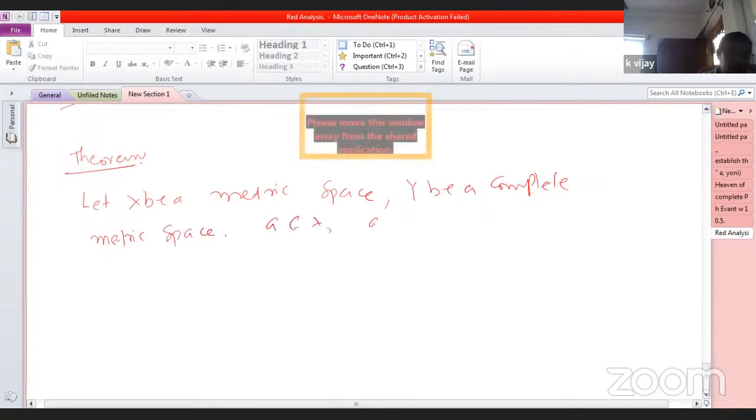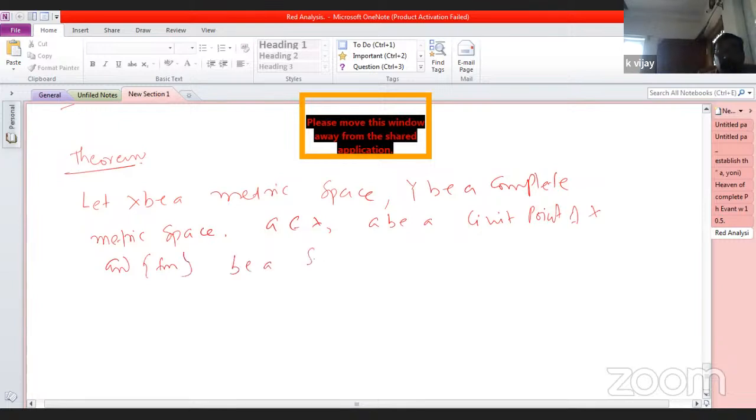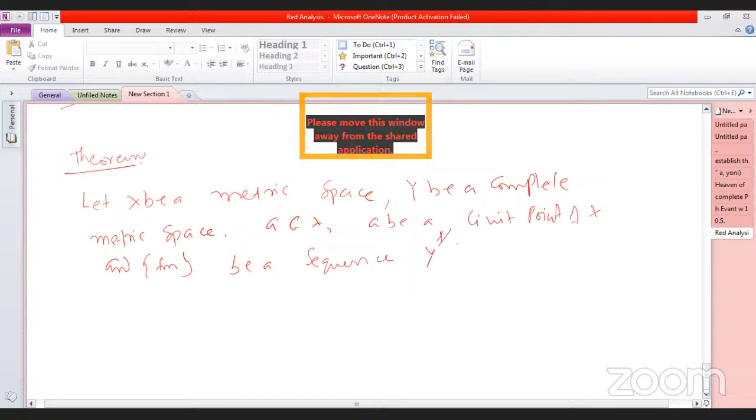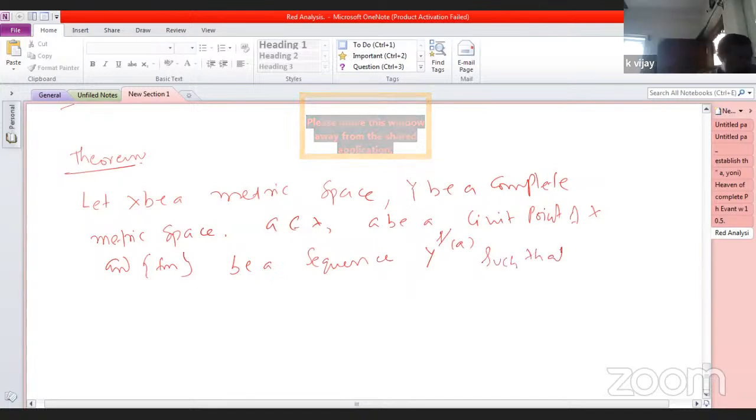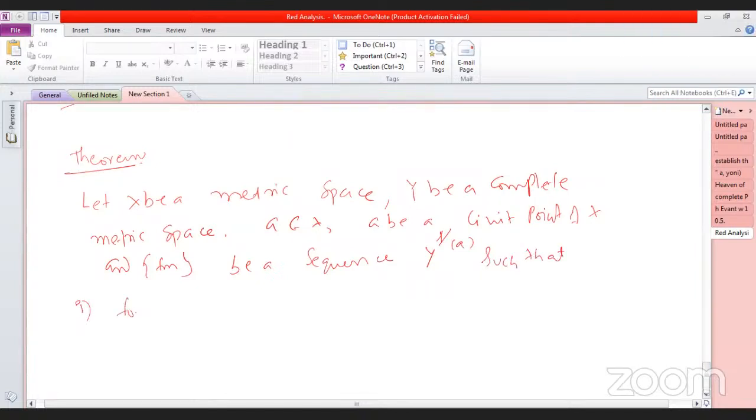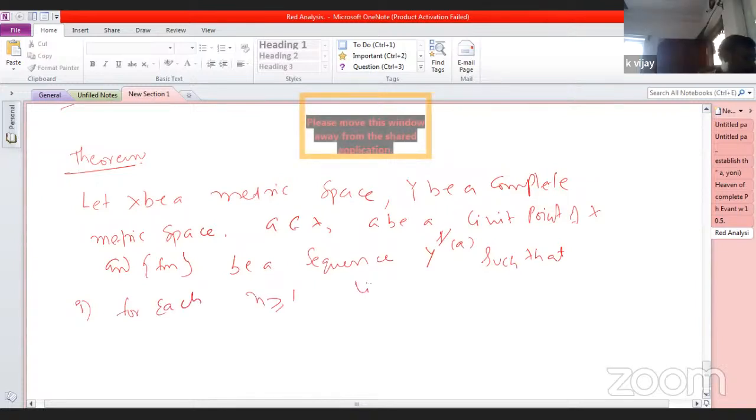Let a belong to x, a be a limit point of x, and f of n be a sequence such that for each n greater than 1, the limit as x tends to a of f of n of x is equal to ln.